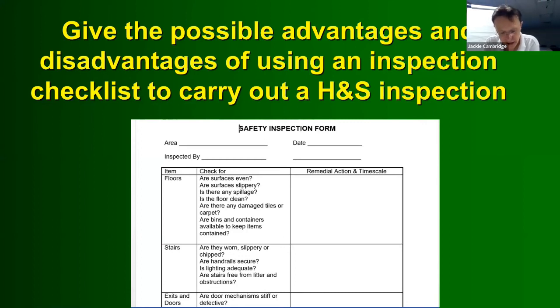Okay, so I'm not going to pick on anybody, but please feel free to chip in, because we're going to try and get 5 advantages of using a checklist to carry out our inspection and 5 disadvantages. So anyone want to open it up?